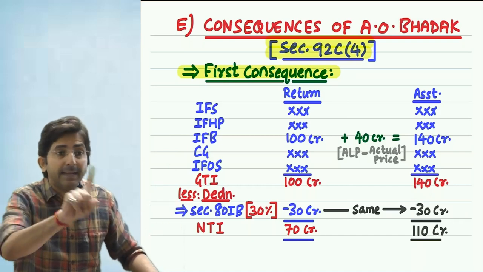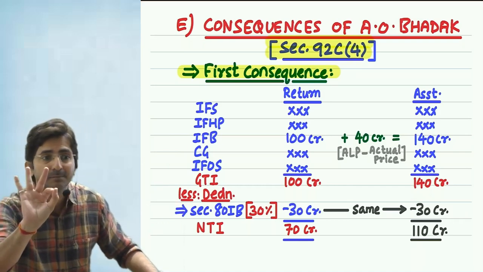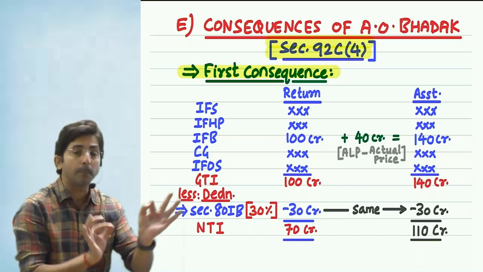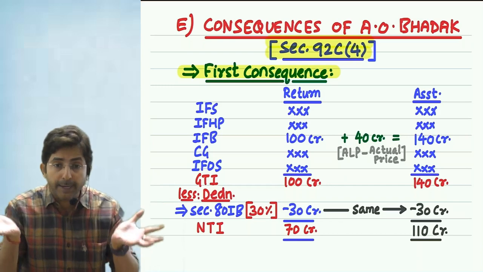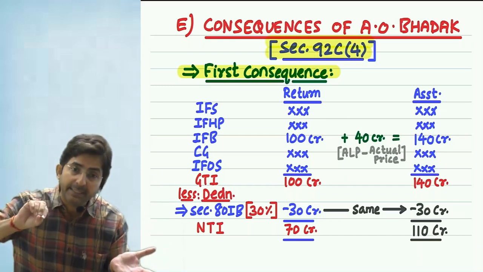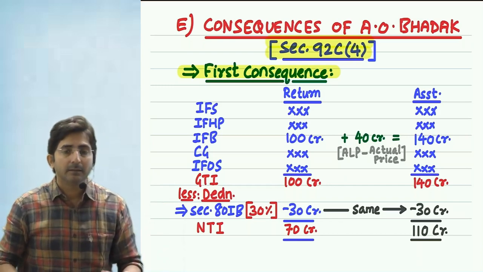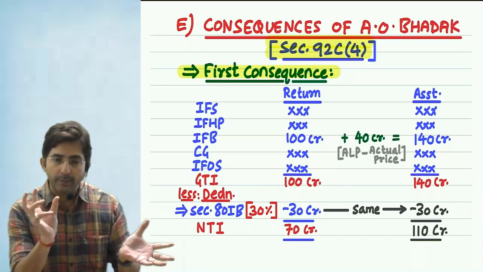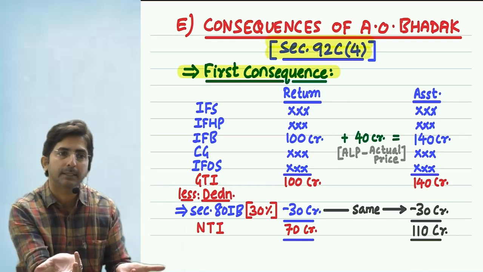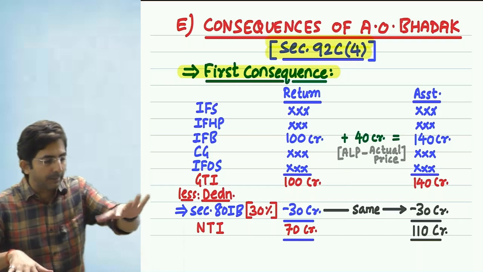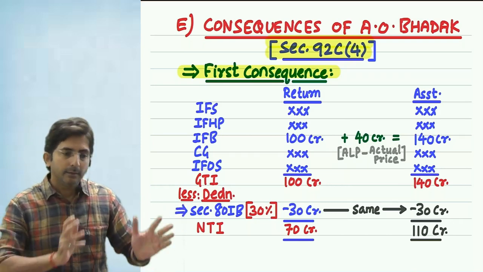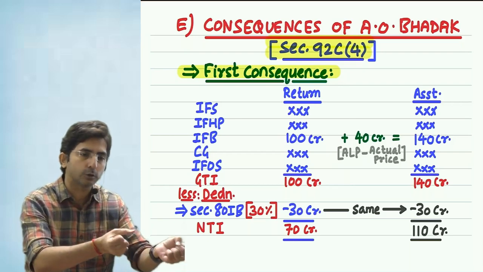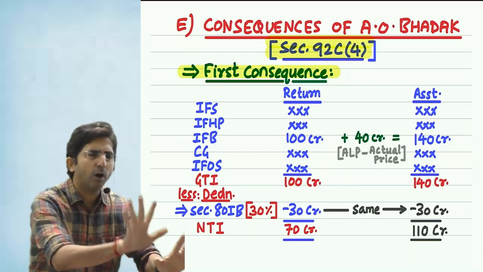But in 10AA, there is no fixed percentage. It depends upon the proportion of your export. So if I sell 100 and I export 23, out of 100 sales, 23 is export sales. So 23%. See, what is the difference between 80IA and 10AA? Tell me. 80IA etc. is also for promoting certain business, not for export.